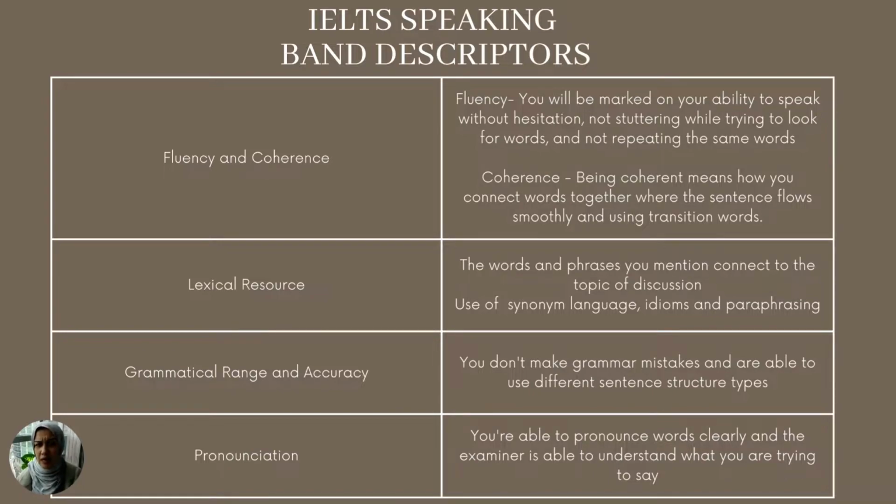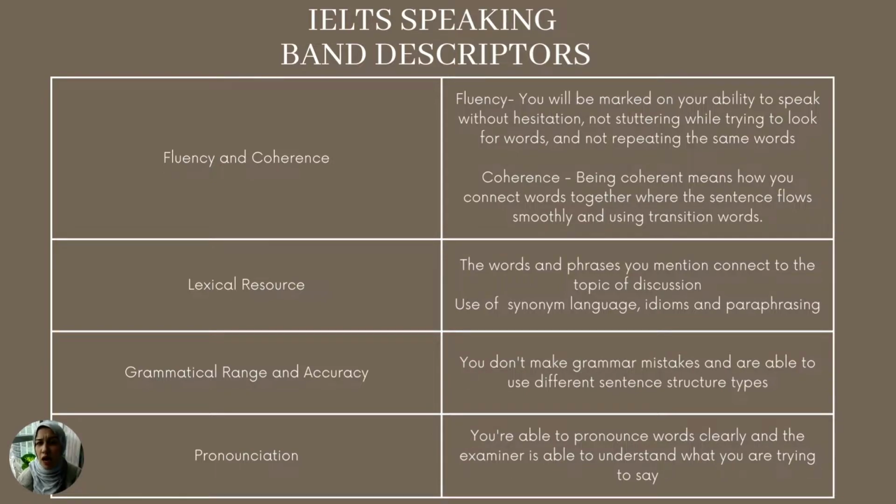The next criteria you will be marked on is the lexical resource. So this pretty much means the words and phrases you will say that connect to the topic of discussion. So you want to make sure that you use synonym language, idioms, and paraphrasing throughout your discussion to show the examiner that you understand the topic and that you are saying words that relate to the topic.